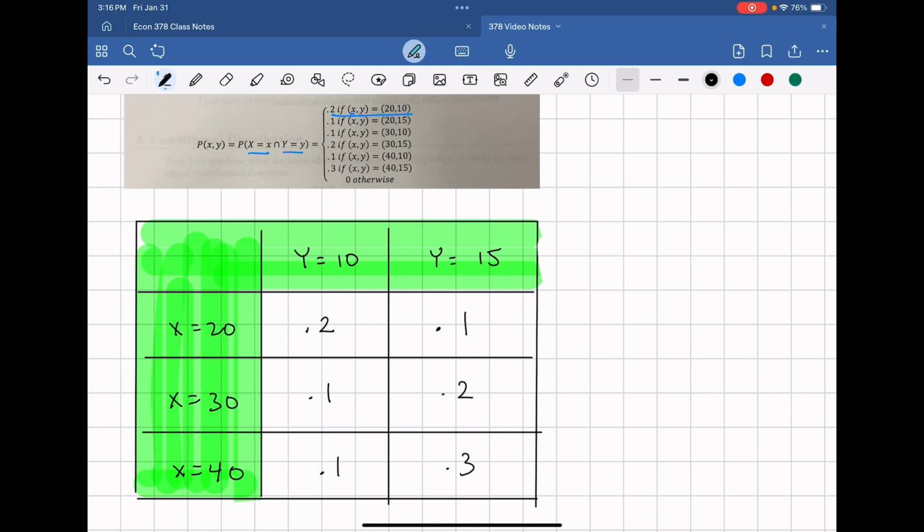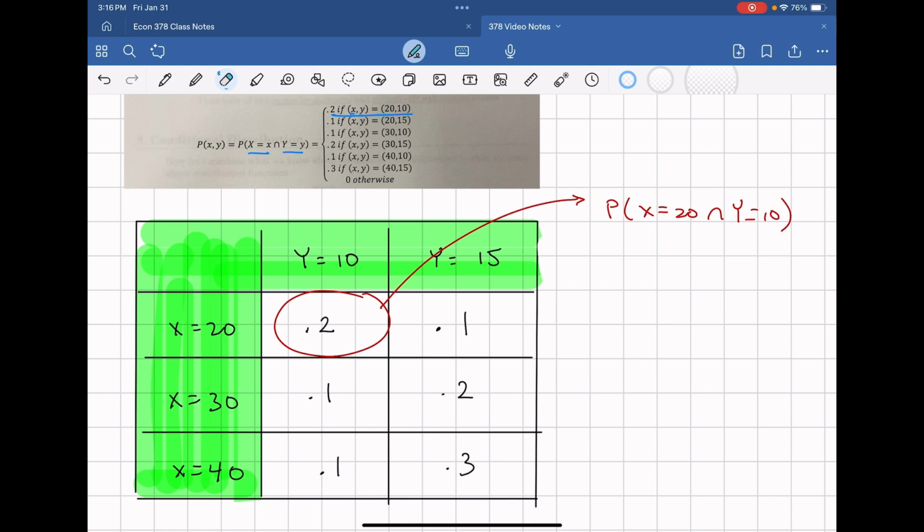And so what this right here is saying is, what is the probability that x equals 20 and y equals 10? So that's what that exact cell is telling us. That is what we call our joint distribution or a joint probability.